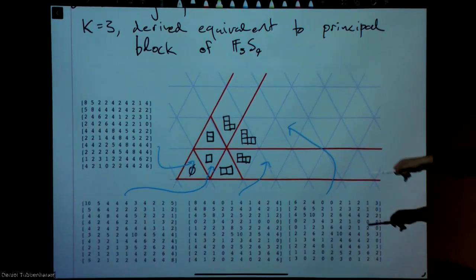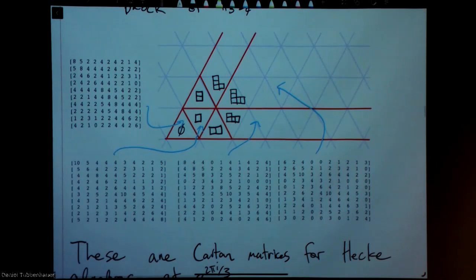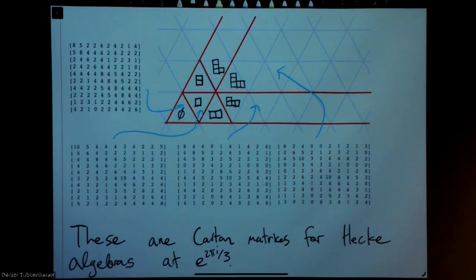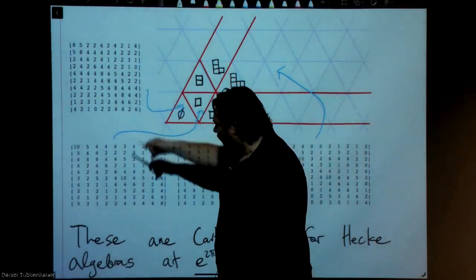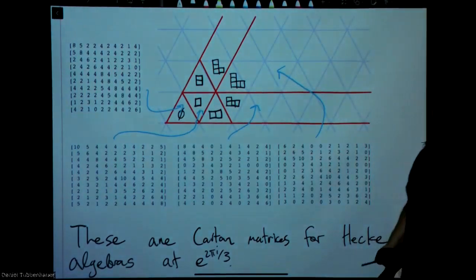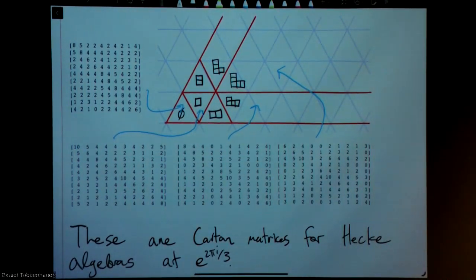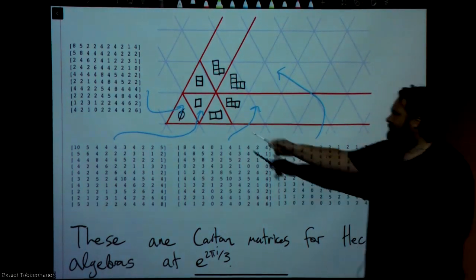And what I've written here probably looks a little indecipherable. These are the Cartan matrices for the Hecke algebras at roots of unity. Those are easier to calculate than the Cartan matrices for blocks of F3, and they reveal the same thing. You can check just looking at the diagonal entries, all of these Cartan matrices are different. None of these abelian categories are the same.